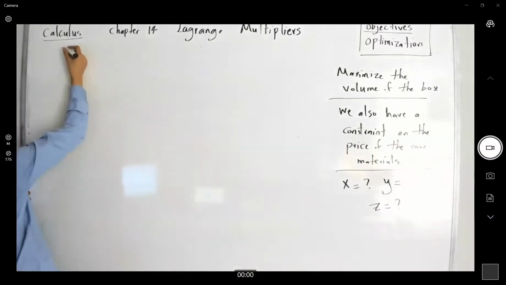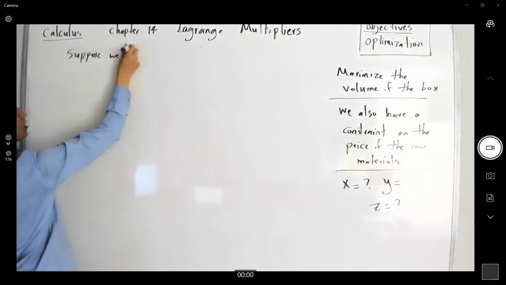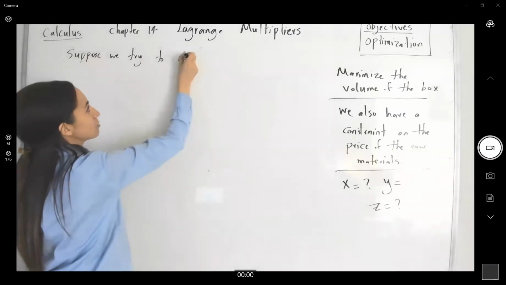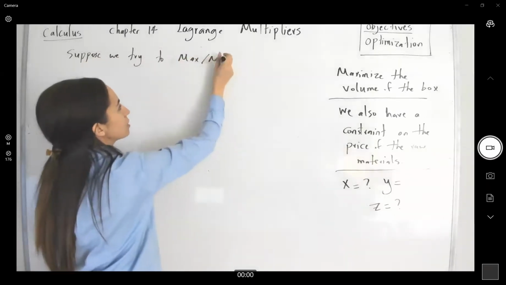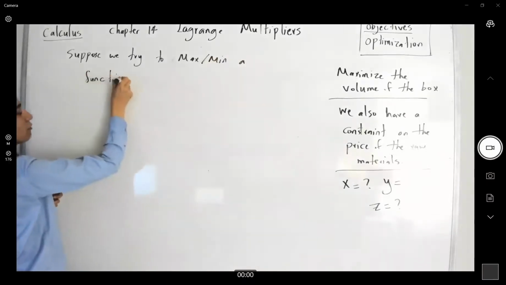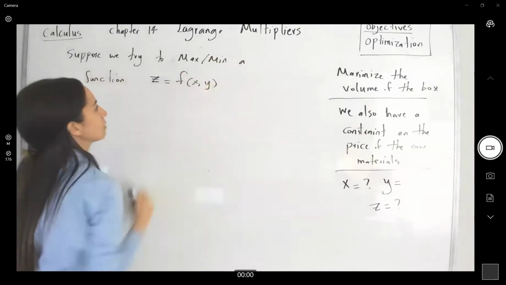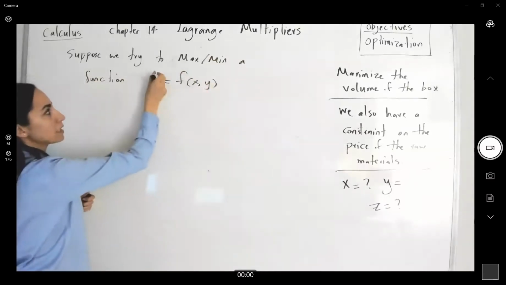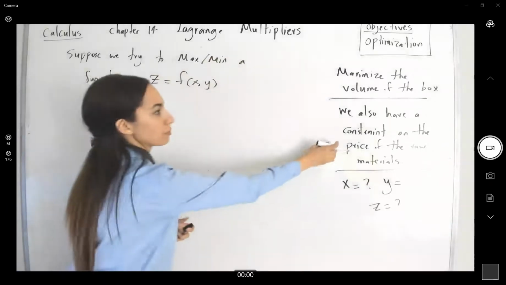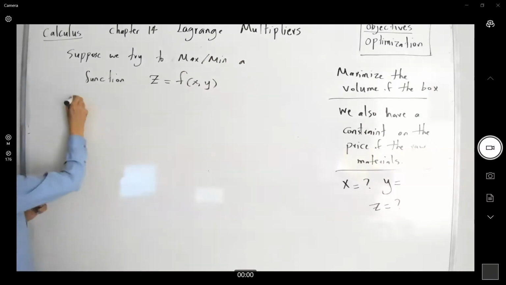So suppose you try to optimize, maximize, or minimize a function, and the function is z equals f of x and y. But at the same time, we have a constraint, like the price of the raw materials.